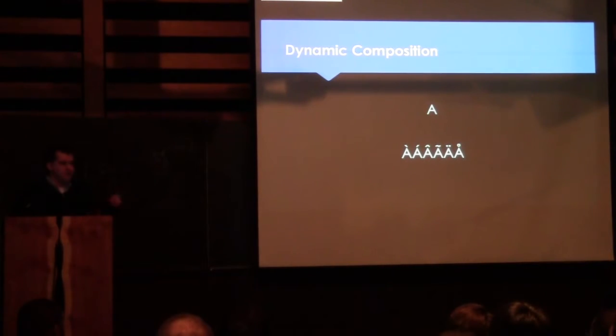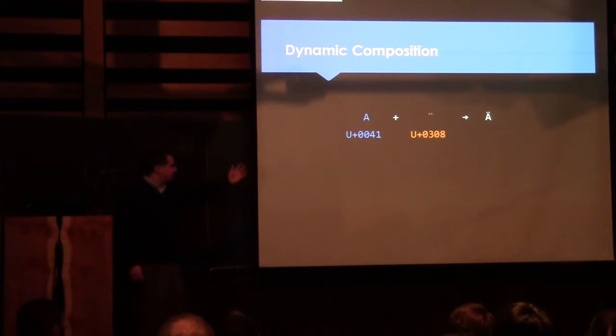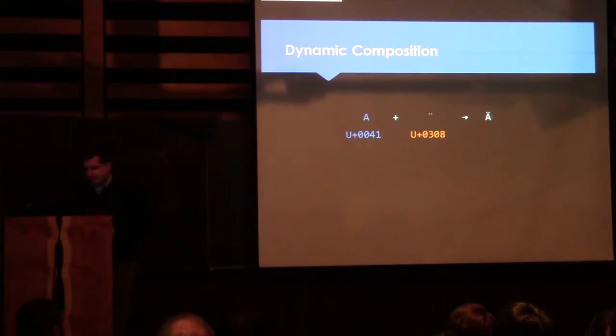Each of the diacritic marks is what's called a combining character. For example, to represent that, we would use two Unicode characters, 41 for A and then 308 for the diaeresis, combined together to form this single text element, the A with diaeresis.